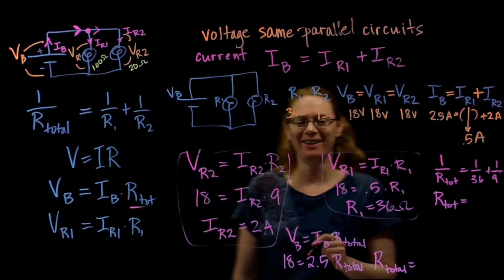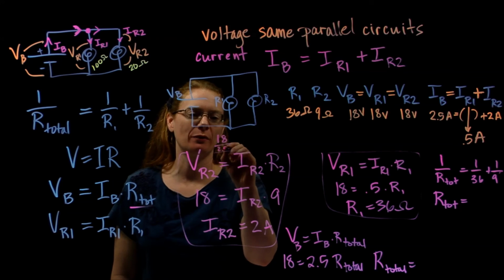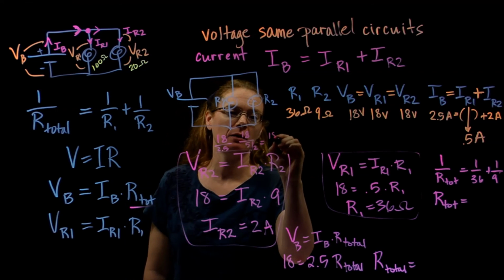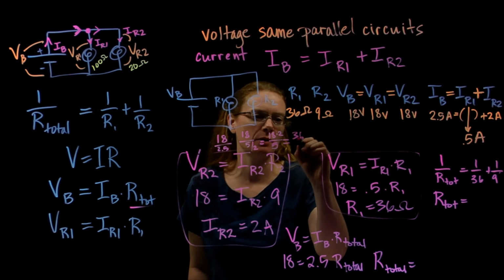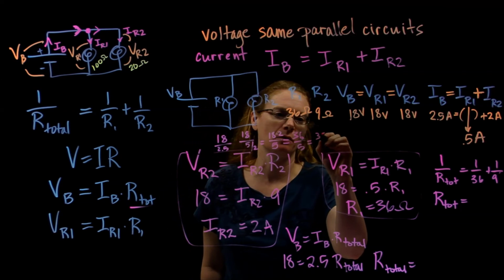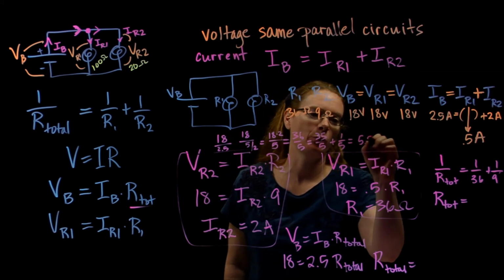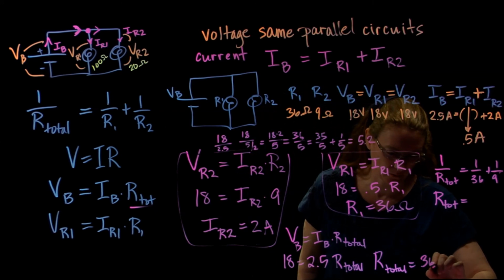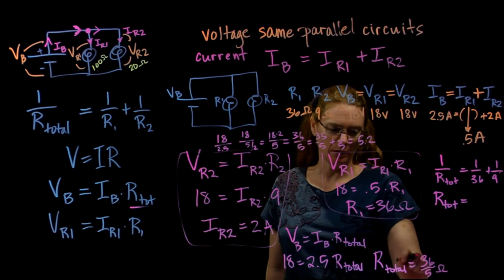Here you're going to see me scribble. 18 over 2.5 is 18 over 5 halves, which is 18 times 2 over 5. That's not a nice number. 36 over 5, that's 35 over 5 plus 1 over 5, so that's 7.2. Okay, 36 fifths. From this method we get our total is 36 fifths.